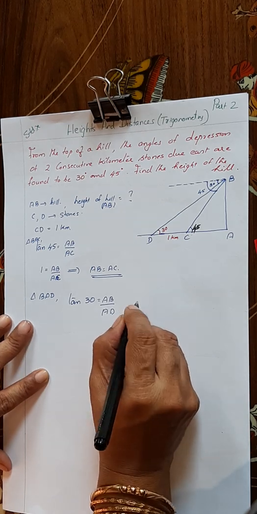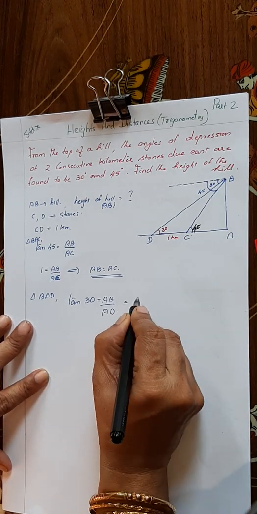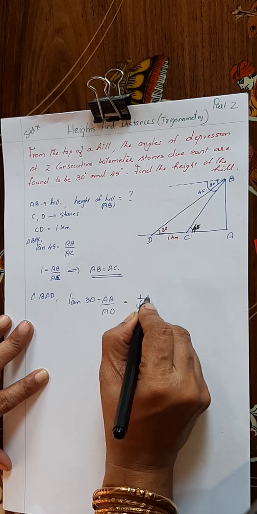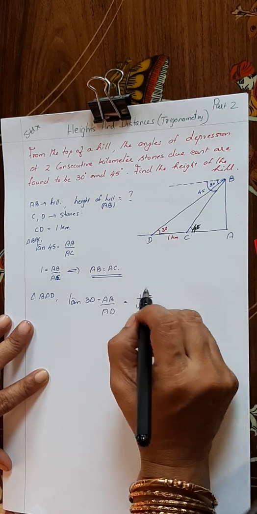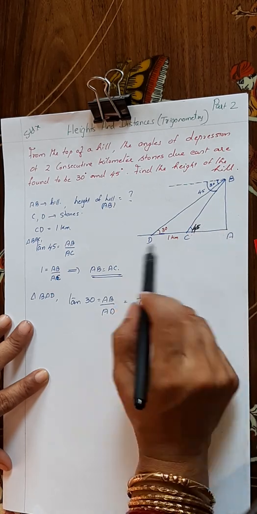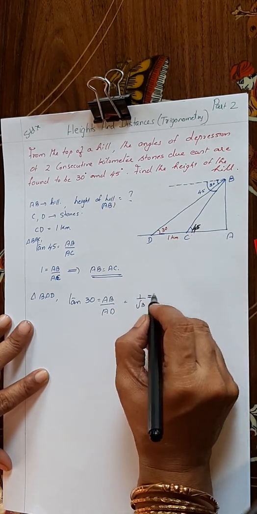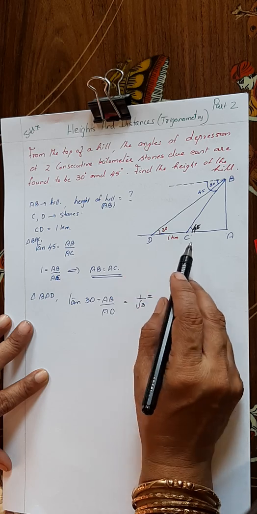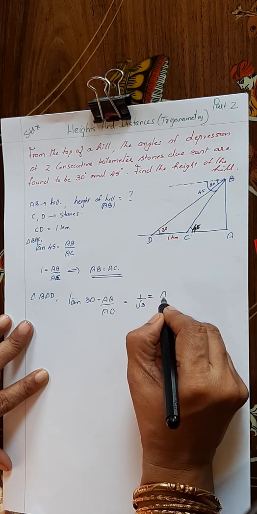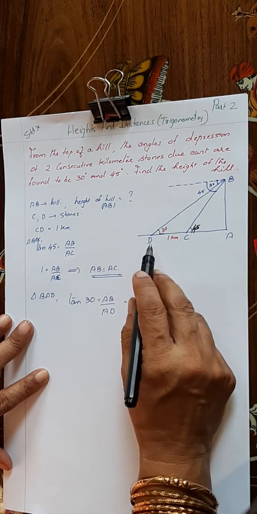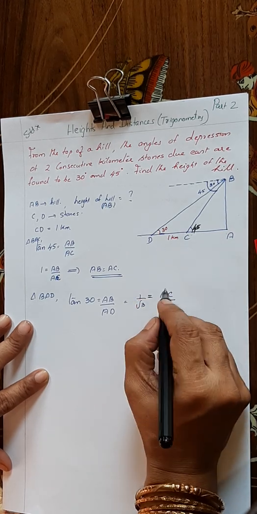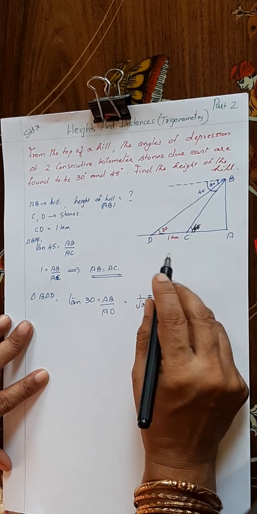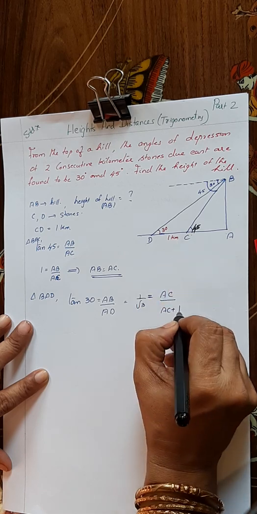So tan 30 is 1 by root 3 equal to AB by AD. So AB can be written as AC, and AD can be written as AC plus CD, where CD is 1.